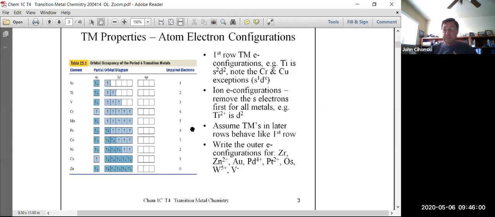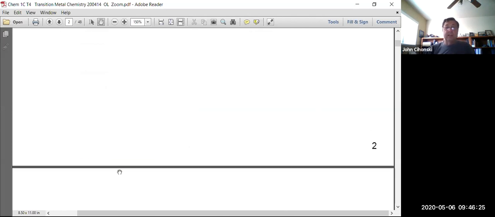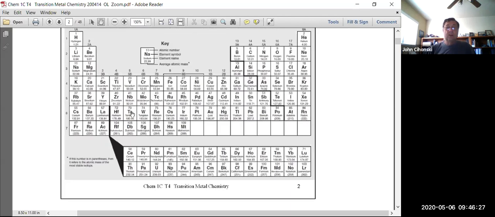Okay, now, before we move on, let's talk about how we determine electron configurations for the atoms and ions, and compare them. Now, we talked about the atoms, and this is the first transition row, okay? It's the 3d orbitals, but it's the first row of transition metals. What we just got done talking about for scandium through zinc holds.